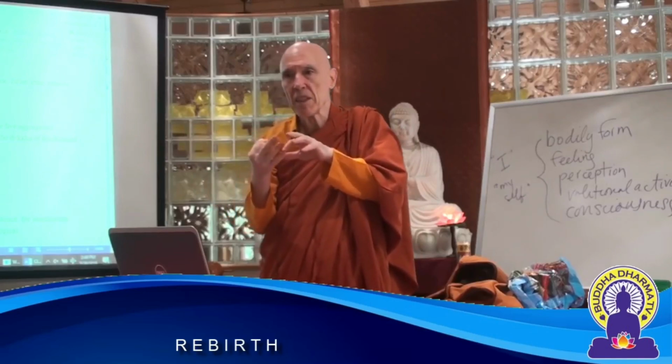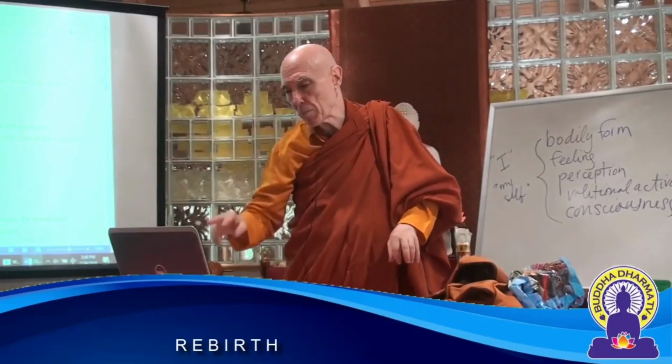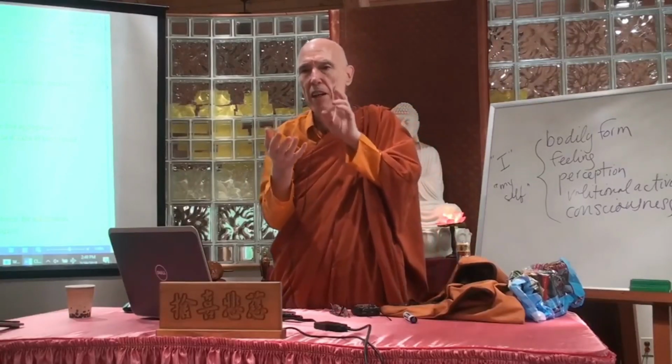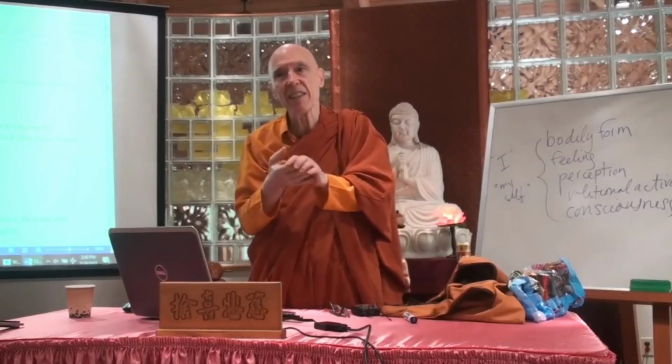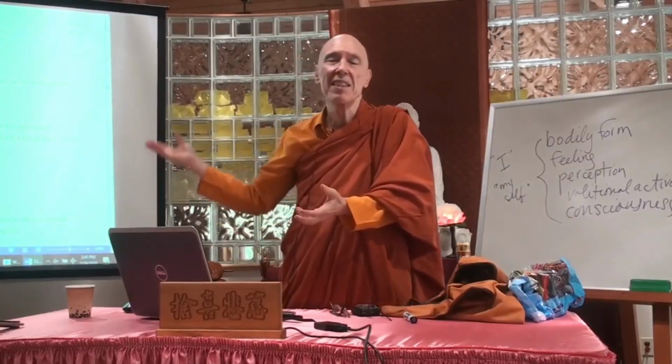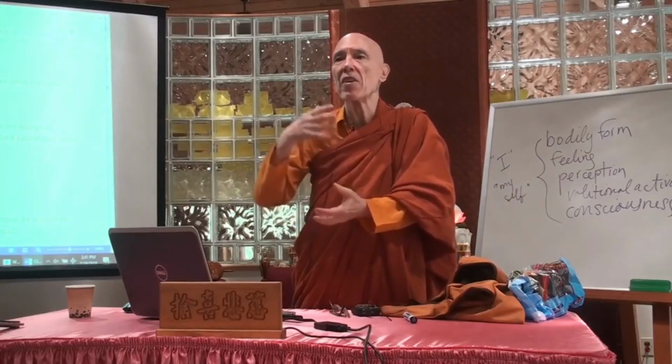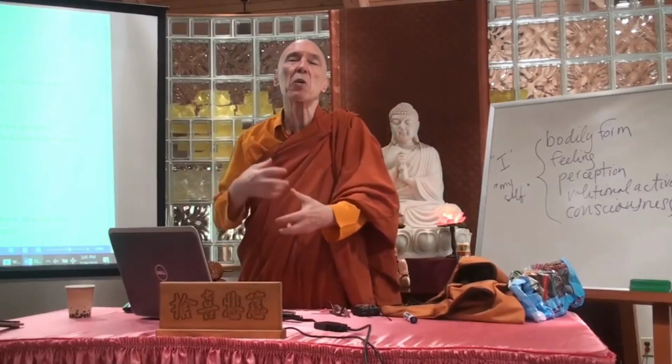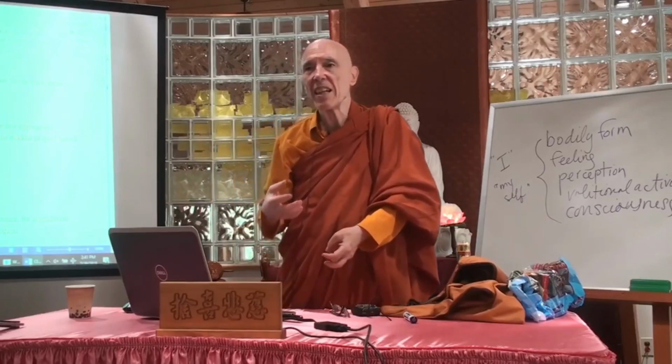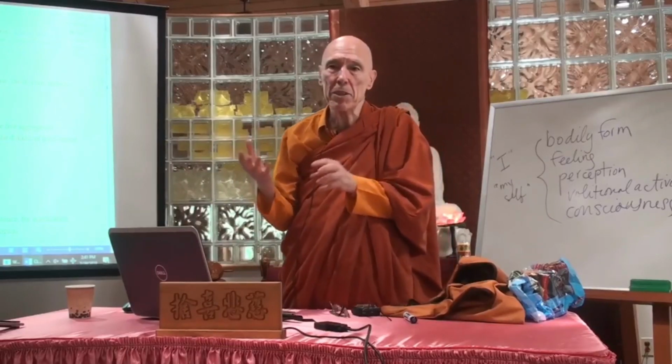I'm going to deal with rebirth in much more detail, not the next class, I think it's the second class from today. So I don't want to get into details about rebirth here, but just to point out that according to the First Noble Truth, the dukkha that we experience, the suffering of birth, old age, illness, and death, doesn't occur just once and then it's finished forever. But rather, each time we undergo a new existence, we encounter those same types of dukkha.